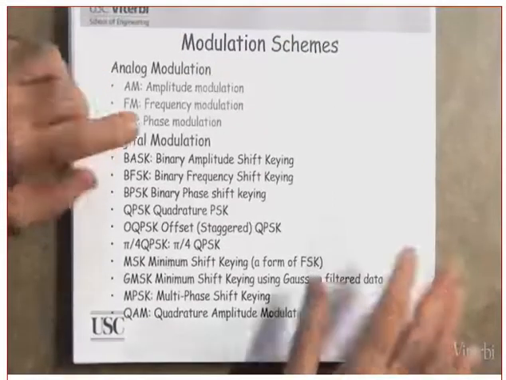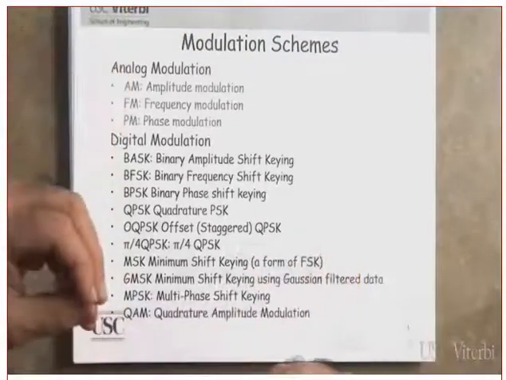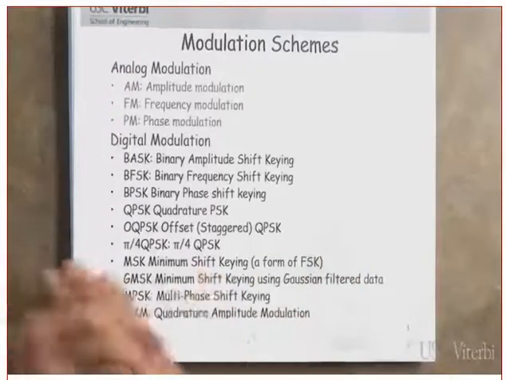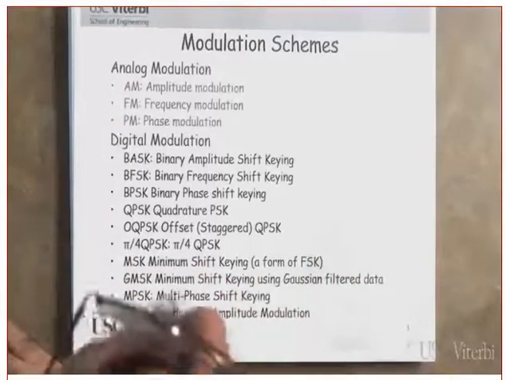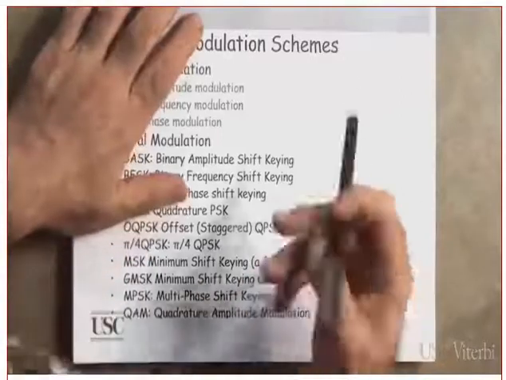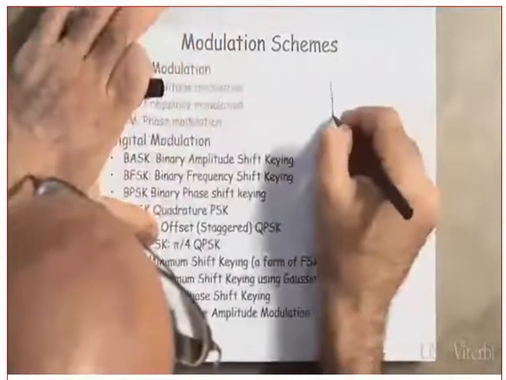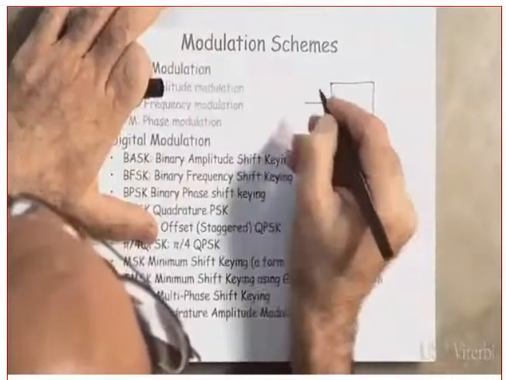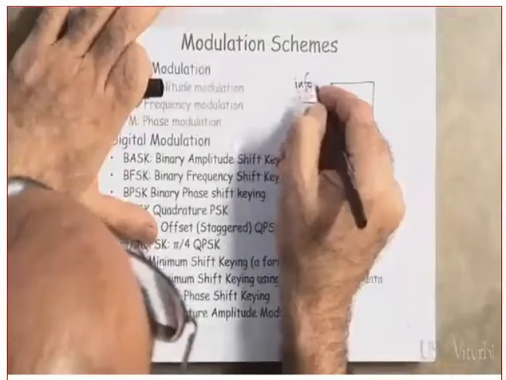But I want you to understand, what do people mean when they say analog modulation or digital modulation? Consider the output of the modem. Remember, how many inputs does the modem have? Two inputs. This one is called the information signal.